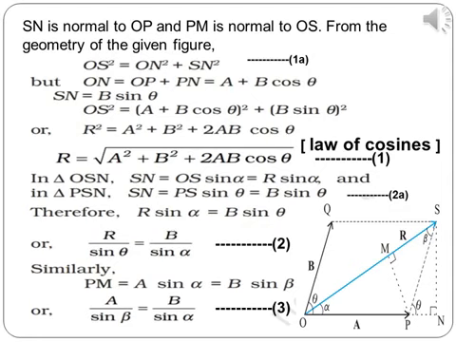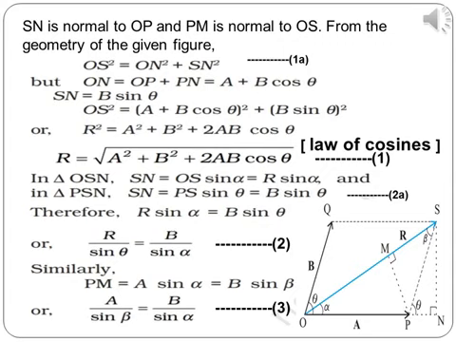Then you have to substitute the values of SN and ON in the expression 1a, where OS is the magnitude of the resultant vector R. Then the expression 1a becomes R square is equal to (A plus B cos theta) all square plus (B sin theta) all square.